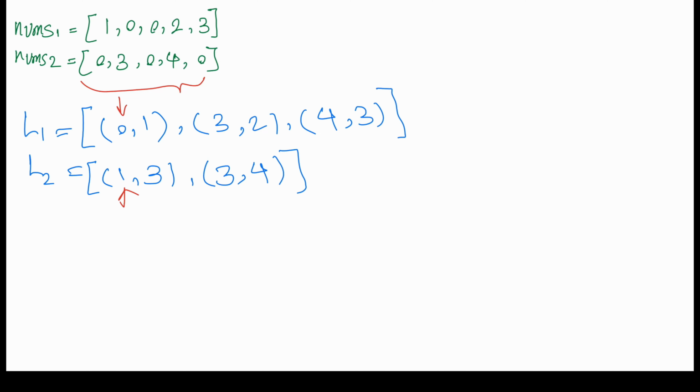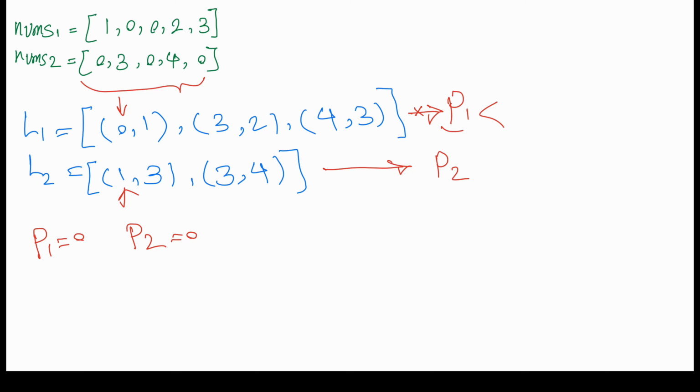So we need two pointers, p1 and p2. We can use a while loop and say that while p1 is less than the length of this list and p2 is less than the length of this list. With this way, at the first step p1 and p2 are 0.